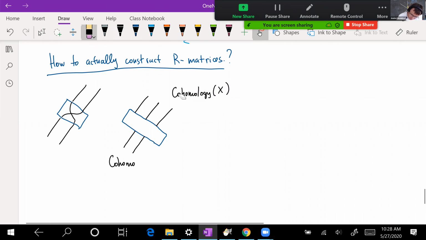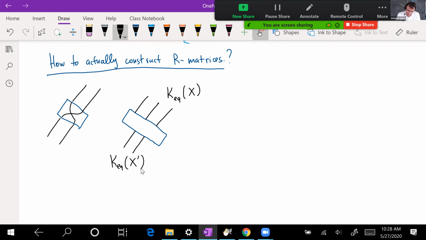So maybe I'll write K-theory. This is shorter, current K-theory of some space X, and here current K-theory of some space X prime. And these were both moduli of A.Yu. in some quantum field theory.